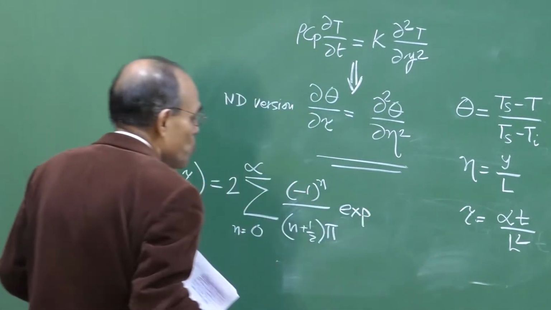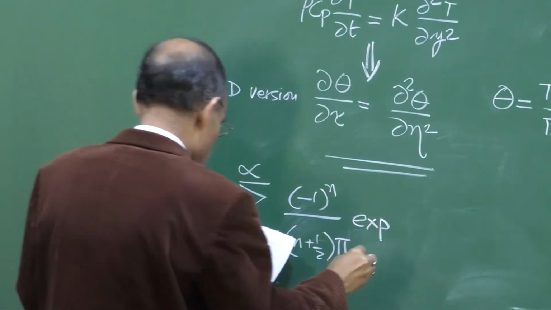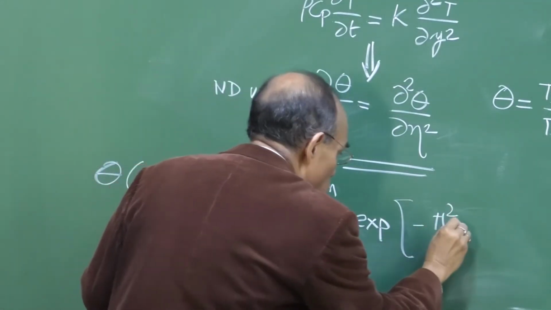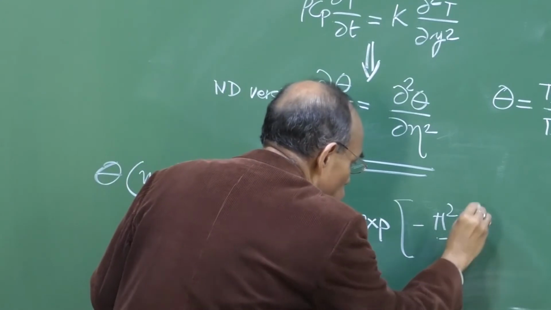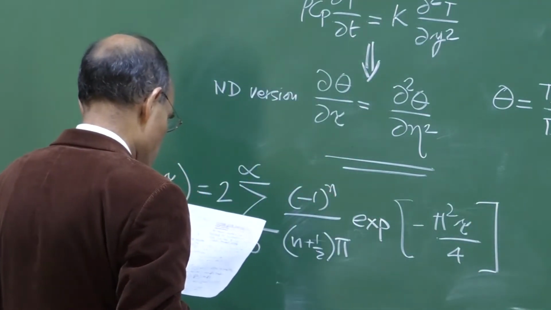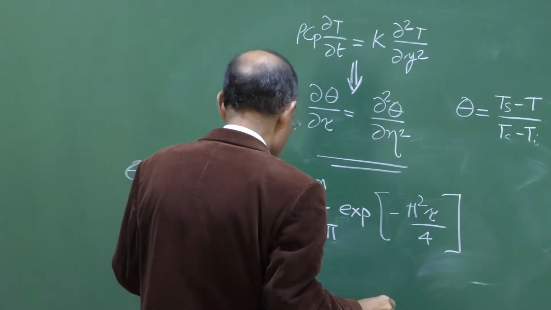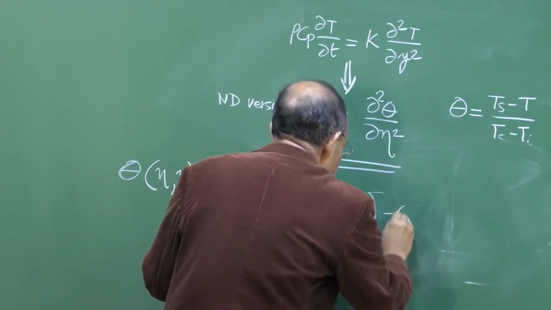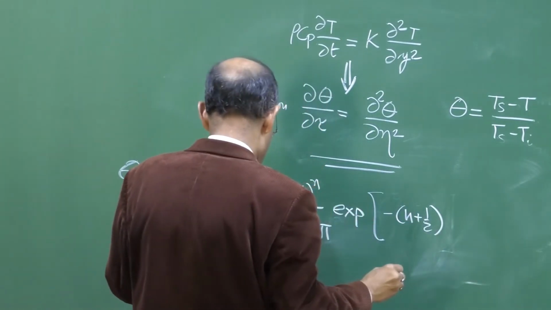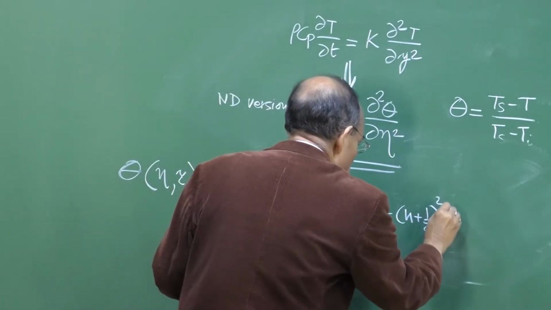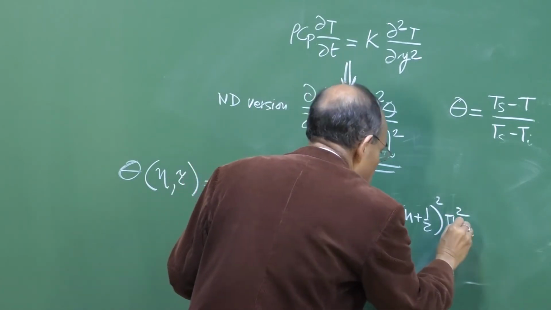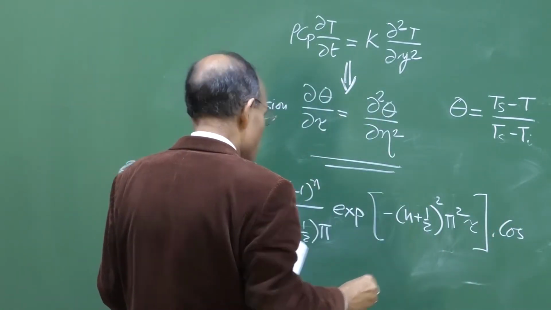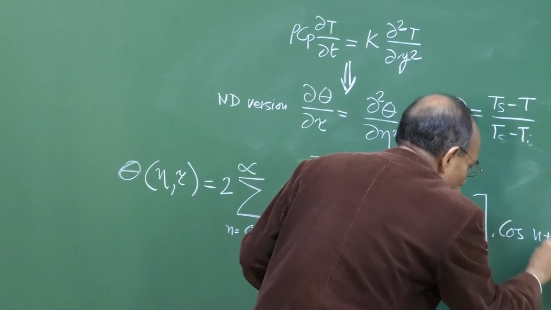Product solution technique is used, that is why there are two kinds of functions here, exponential minus n plus half squared pi square into tau, okay, and the cosine of n plus half into pi.